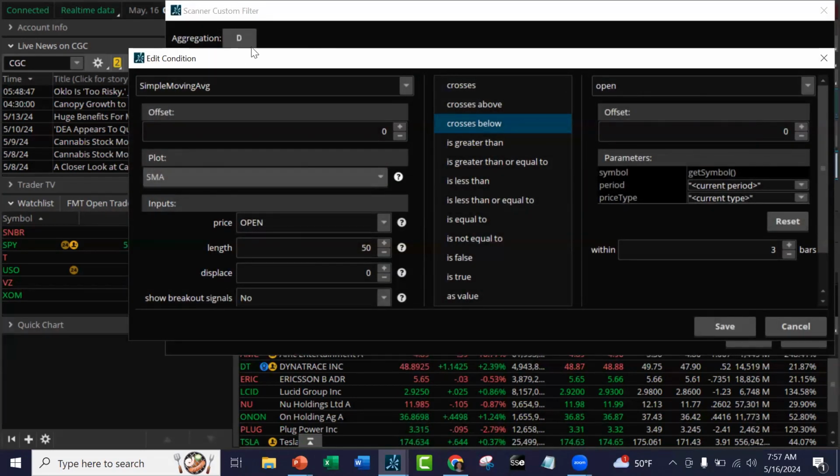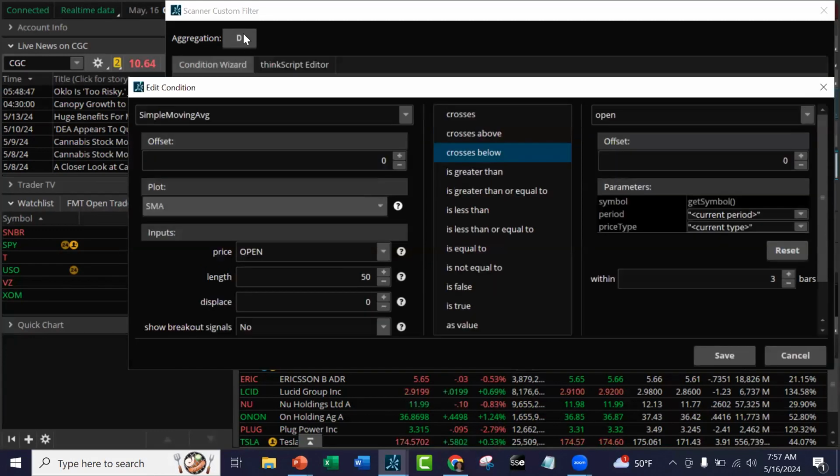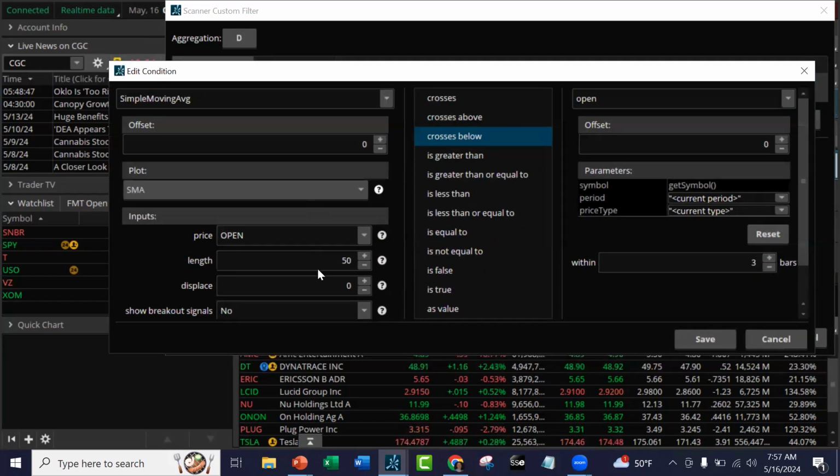You make sure you set this tab right here to daily. Or otherwise you can choose intraday periods if you want for scanning. But here it is, simple moving average 50. And then my parameter is when it crosses below. It's a little misleading because what we want here is when the 50-day moving average line is below price. I was confused.